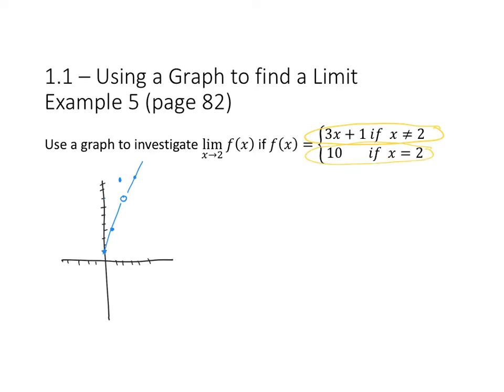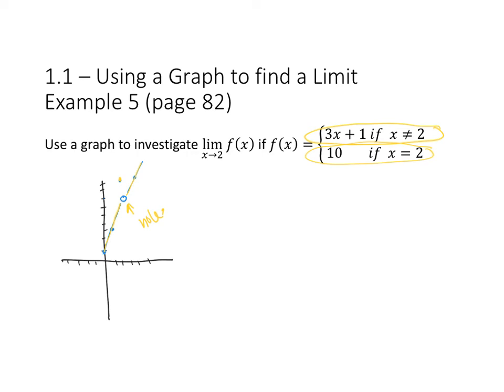So I sketched this graph of the function that they're explaining, and notice there's this hole. And when we have this hole, it means that the function doesn't exist at that point. So all of these other values are real and valuable for this 3x plus 1 or for this function. But when x is 2, we jump all the way up here to be 10.